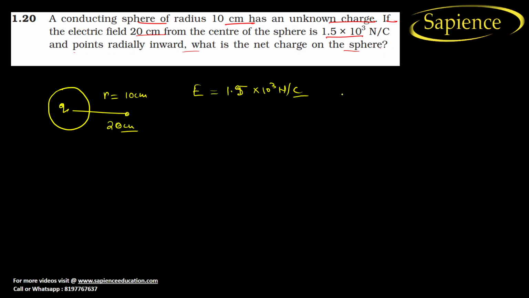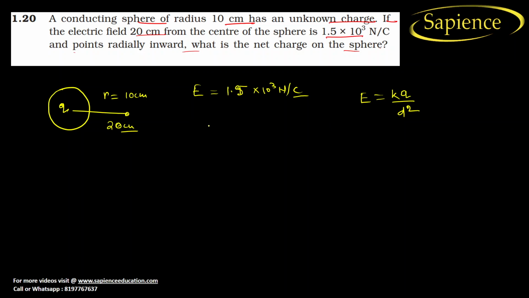We know that electric field E is equal to kq by r square, where k is 1 by 4 pi epsilon naught, or d square, whatever.